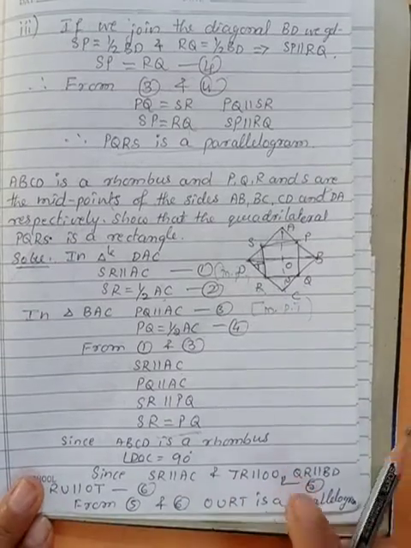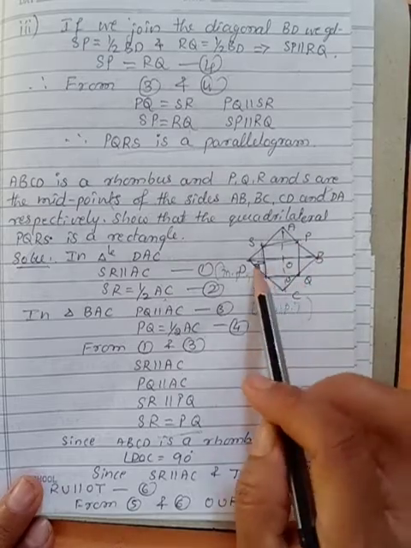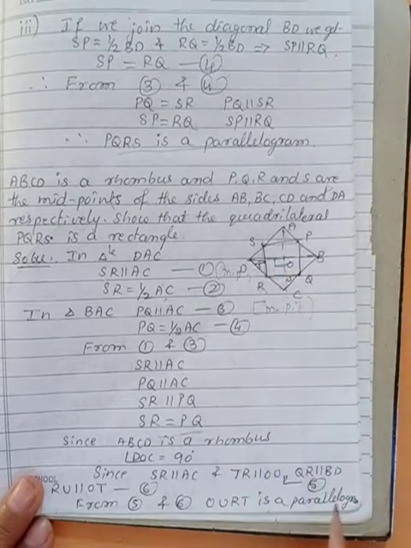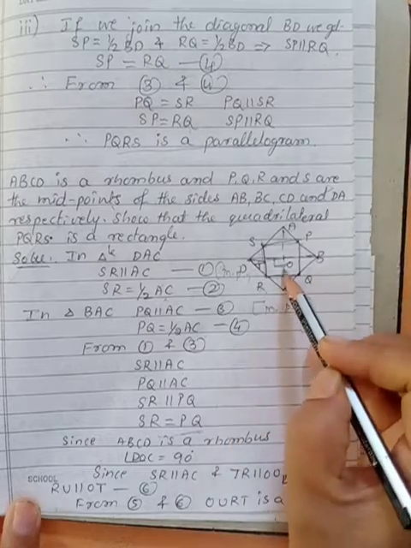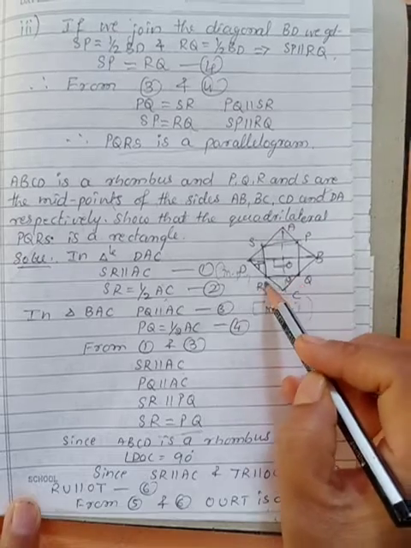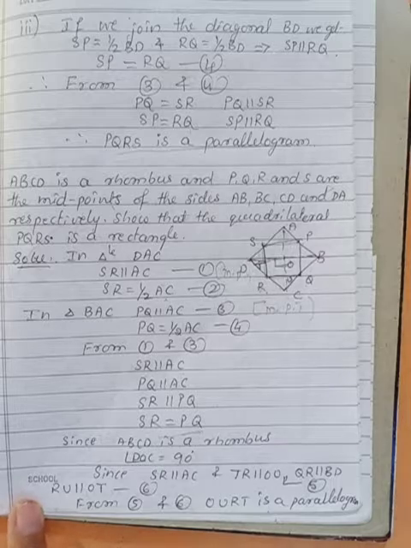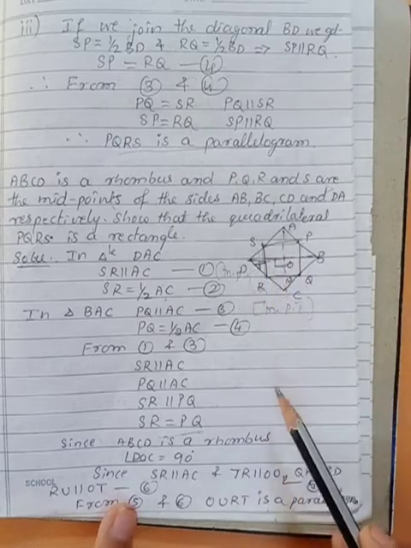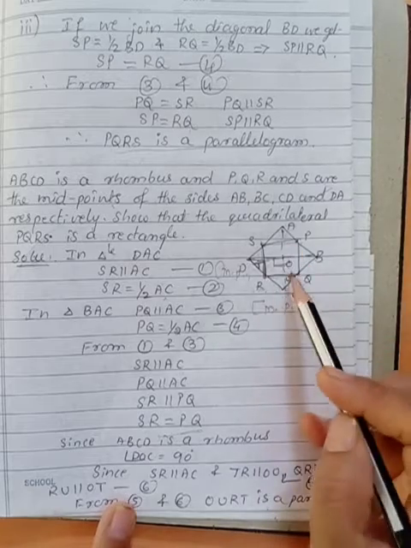Since ABCD is a rhombus, we know that the diagonals bisect at right angles. That's why angle DOC will be 90 degrees. Since we have joined them, we will name the points here: this is O, this is U, already R is there, and this point I am giving as T. Now, since SR is parallel to AC, even this part, TR, is also parallel to AC, that is OU.